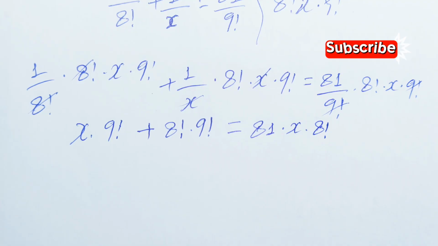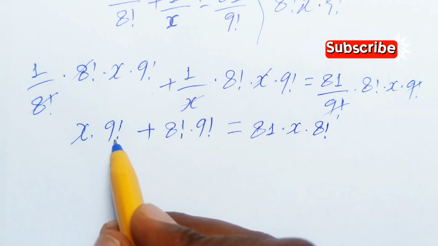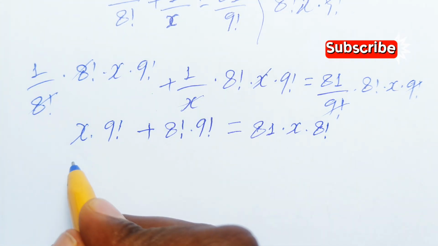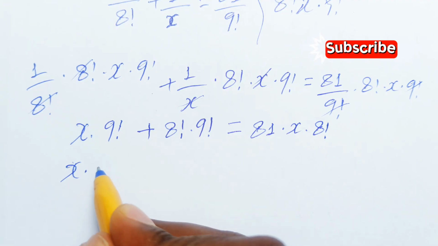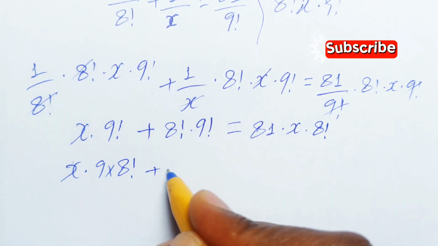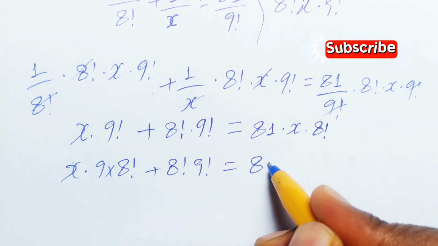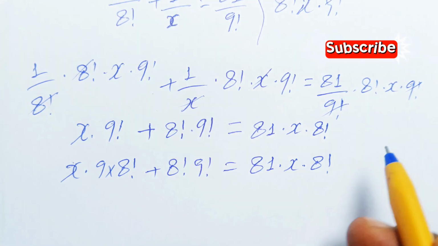Okay, let's divide both sides by 8 factorial. Before that, we can rewrite x times 9 factorial as 9 times 8 factorial, plus here we have 8 factorial times 9 factorial, which equals 81 times x times 8 factorial.